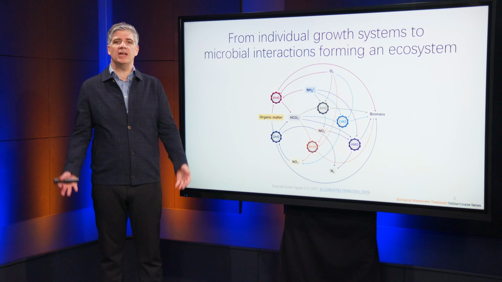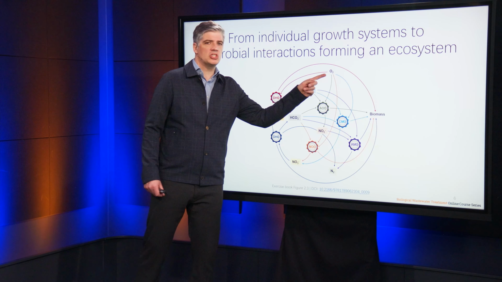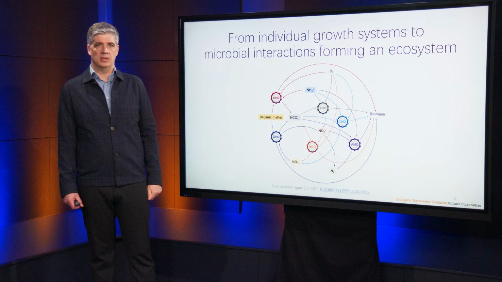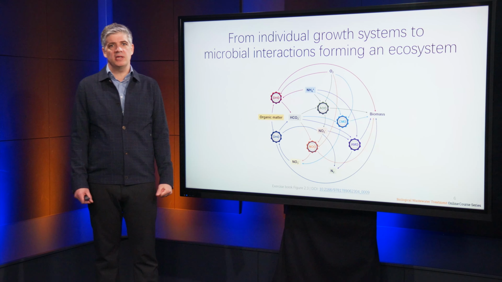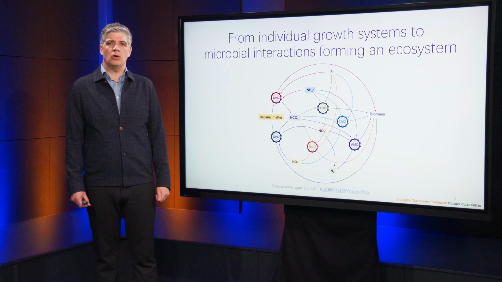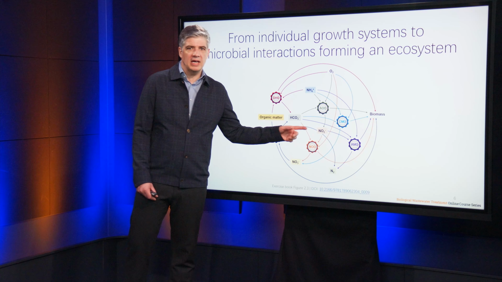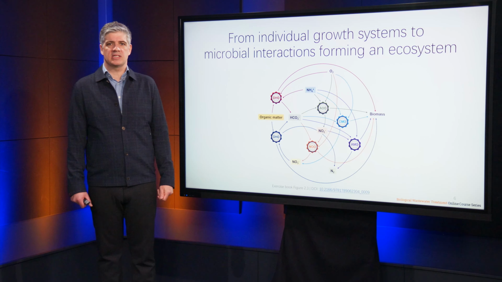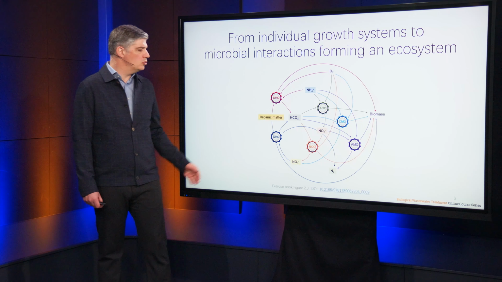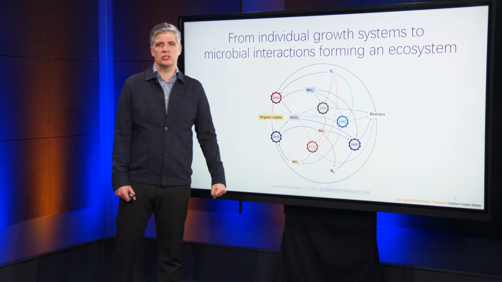OHOs respire aerobically using oxygen as an electron acceptor. DHOs respire anaerobically using oxidized nitrogens like nitrate or nitrite as electron acceptors. OHOs use ammonium as nitrogen source.